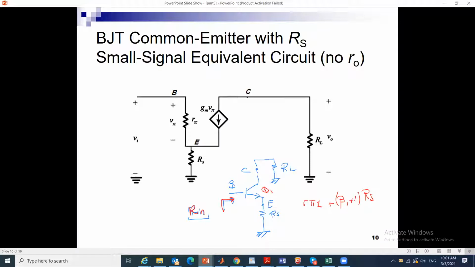So this is the rule for the resistance that we typically see, and this holds when Ro tends to infinity, meaning when lambda is equal to 0.